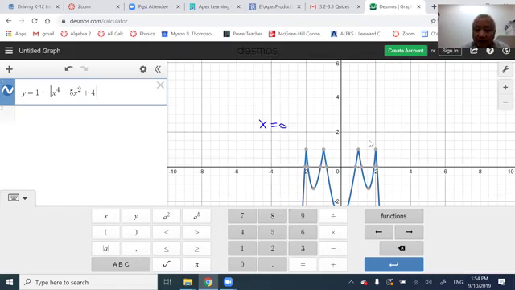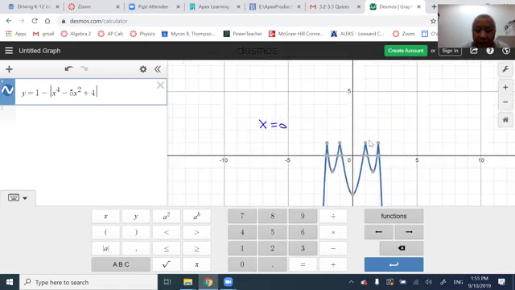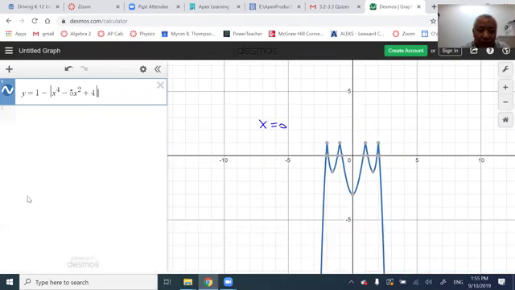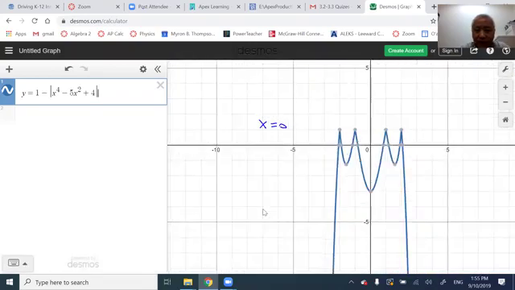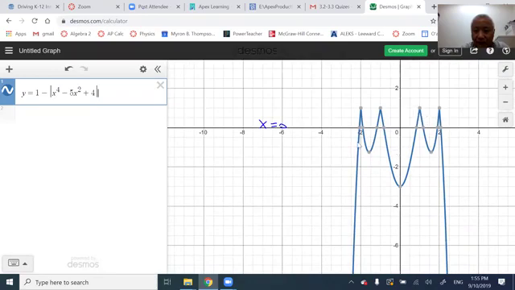By keying in all this function, when you look at the graph we got, you can see there are so many corner points there. This one is no problem, this is differentiable. This one is not, the corner one.